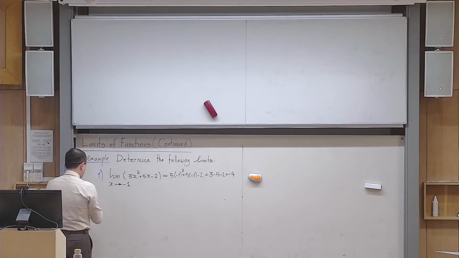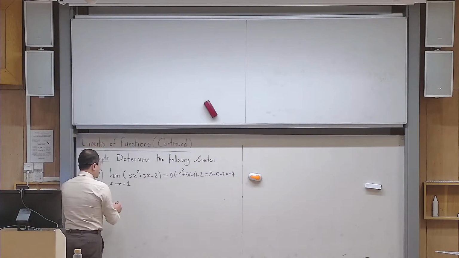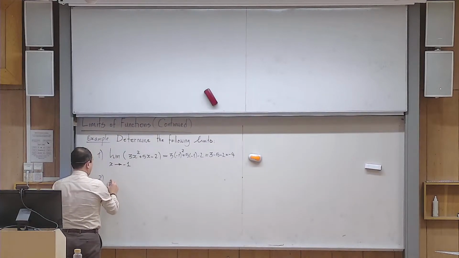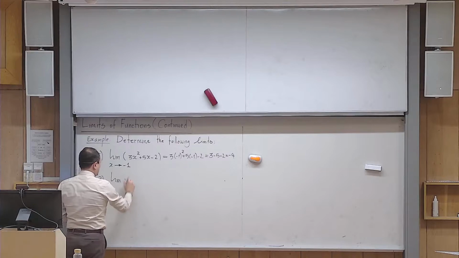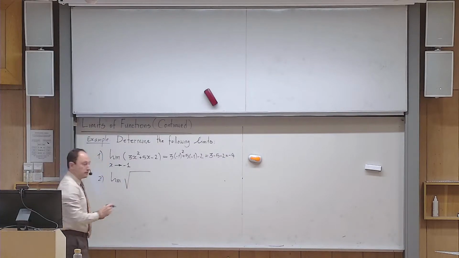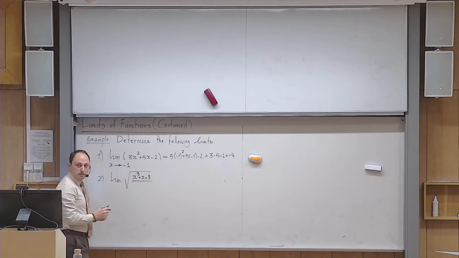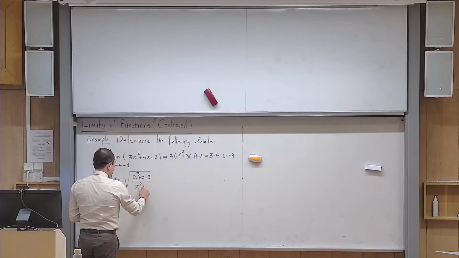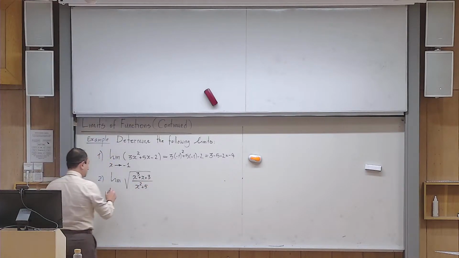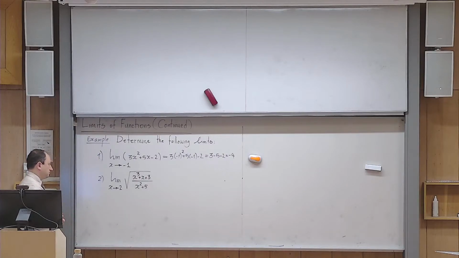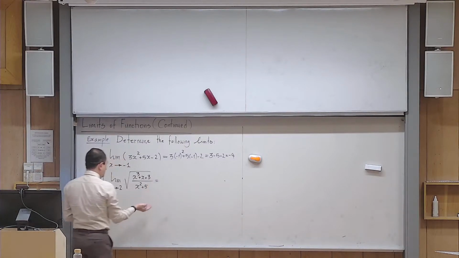So the limit is minus 4, as simple as that. Or, for example, if I give you this, the limit of square root of x to the power of 3 plus x plus 3 divided by x to the power of 2 plus 5, and x goes to 2. Okay, so what you do, you just put the number there, because hopefully you realize nothing strange will happen.